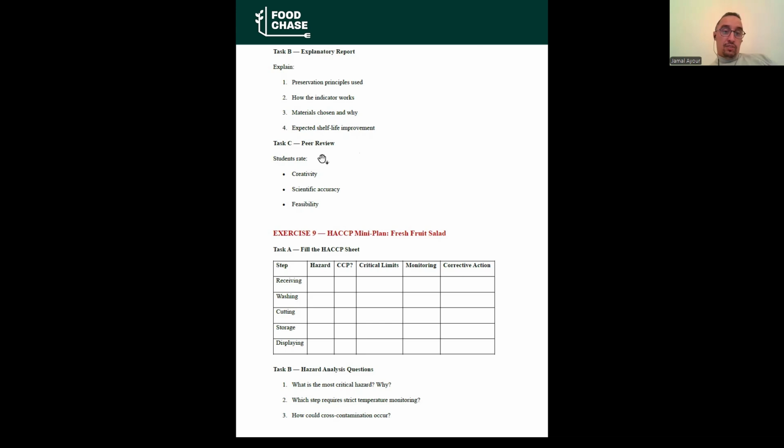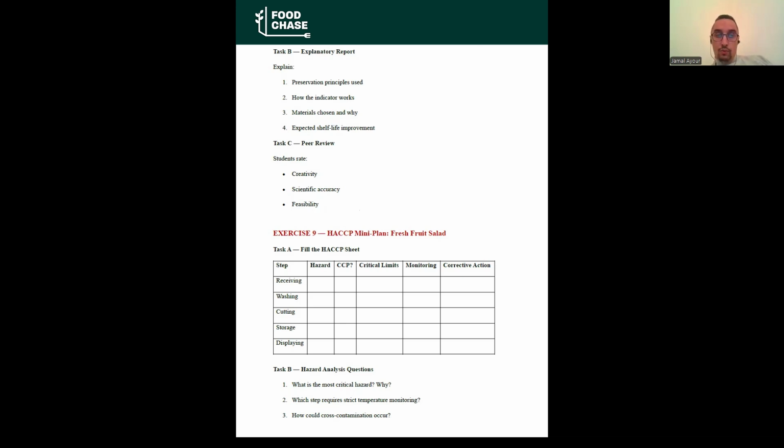For task 3C, peer review of your packaging, the objective is to analyze the creativity of your project, your product, and explain the preservation principles such as creativity, scientific accuracy, feasibility. Use all these terms to define your prototype, your proposal for this exercise.